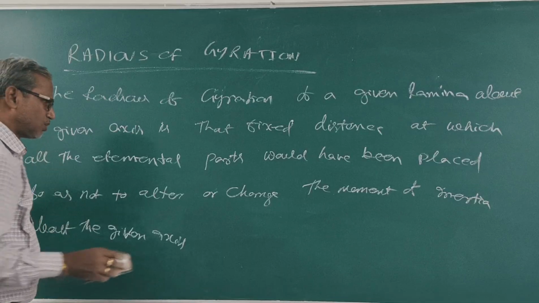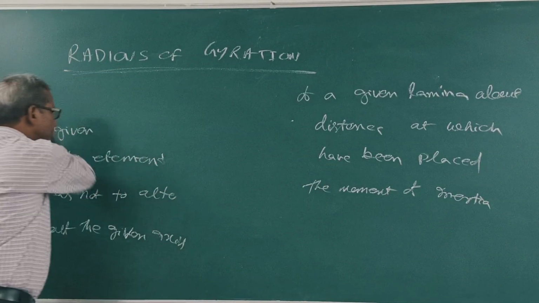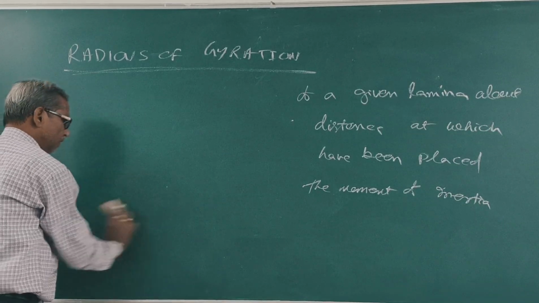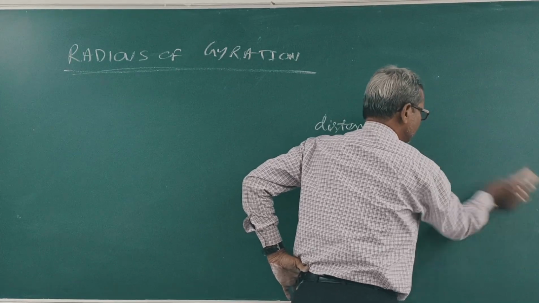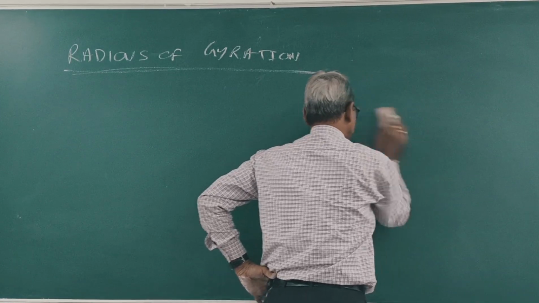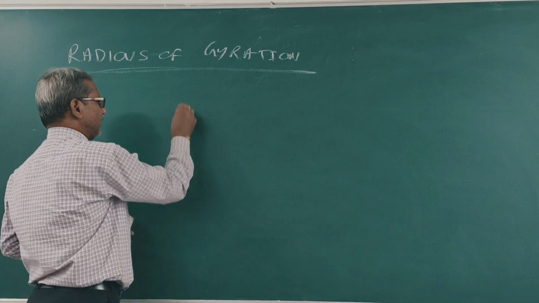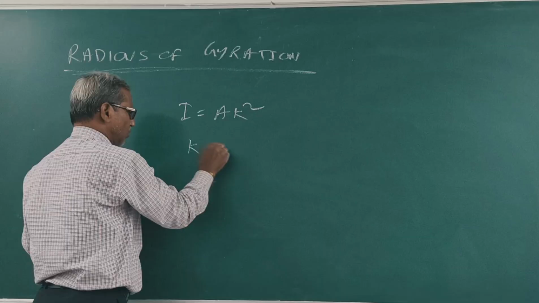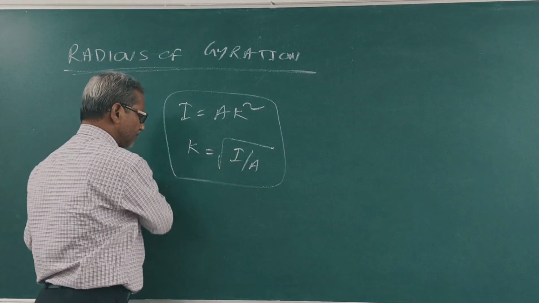So in general, I is equal to A k square. k is equal to root over I by A. Clear?